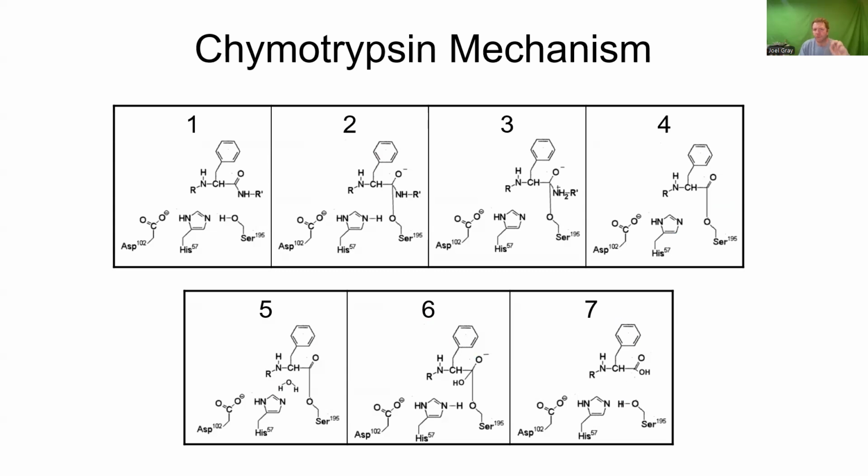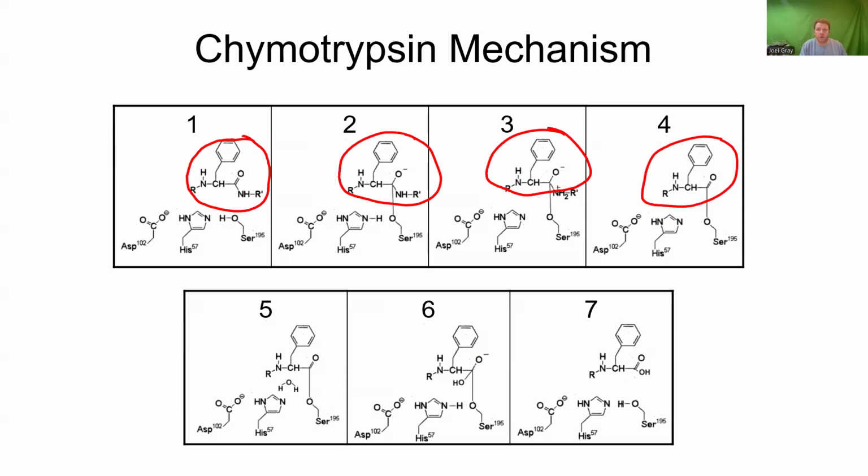But rather than specifying the amino acids, there's usually an R group. So I'm circling our substrate. This is the protein that we are going to be acting on. Give me a 9 if you can see your substrate.